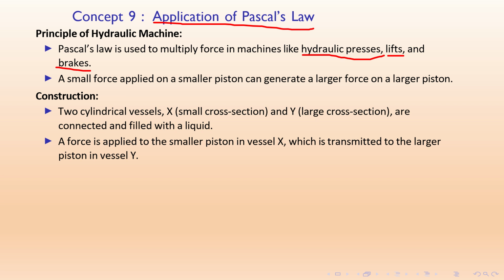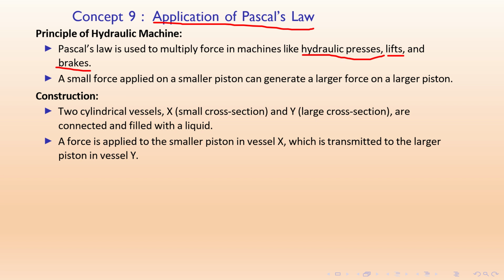Why? Because when you take heavy objects, it is very difficult to lift them directly. But by using Pascal's law, by applying the force at a small area, which can be multiplied a number of times, the force will be increased, which helps to lift the objects. Let us see that one by one.